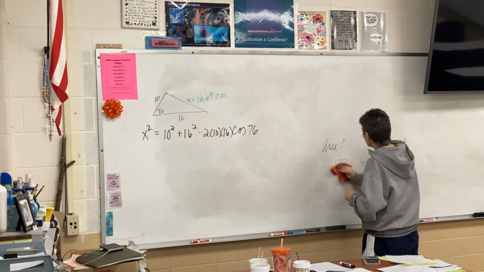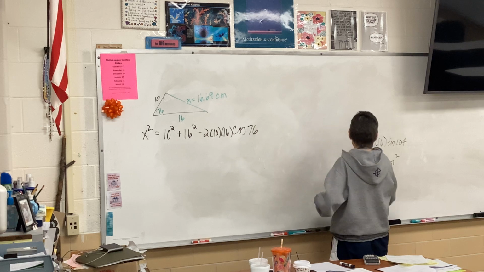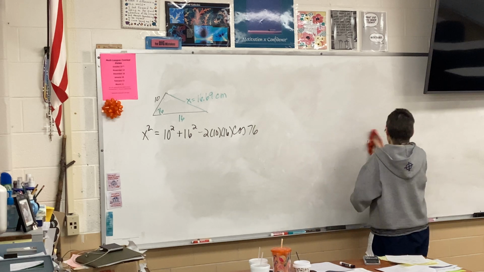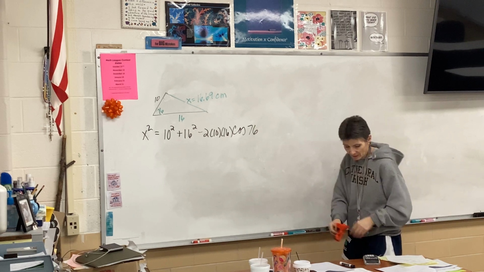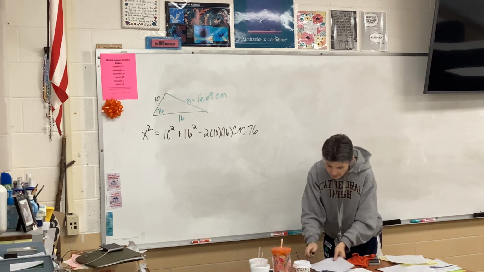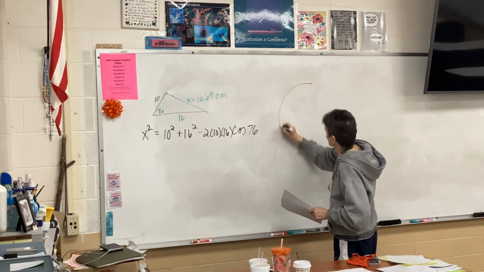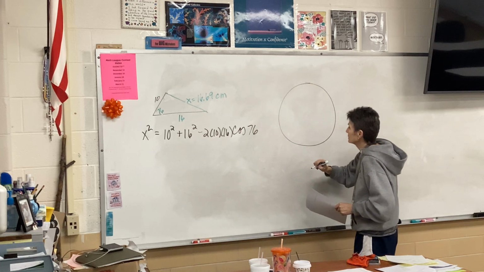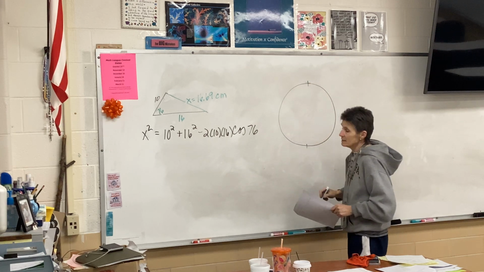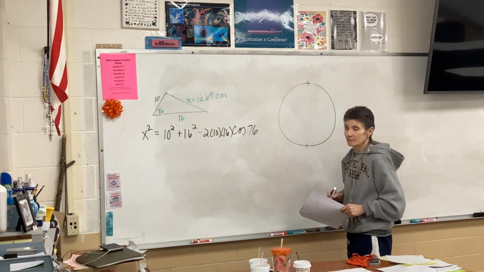All right, one more. What do we do in our last problem? We are finding the area of a regular decagon inscribed in a circle. So there's my circle. Decagon means 10.